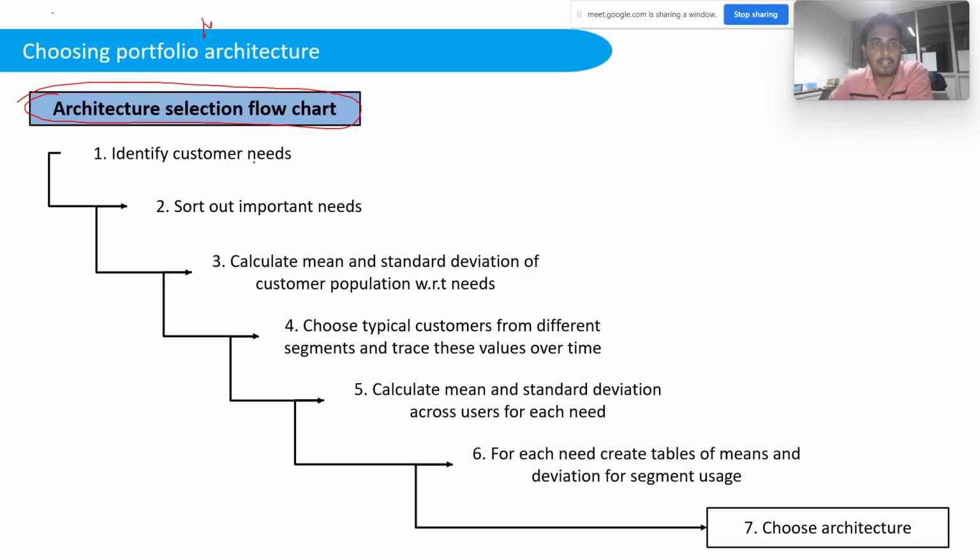So this is not the flowchart, the flowchart will come next, but this is a particular process where we gather some statistical information. What are the pieces of information we consider?